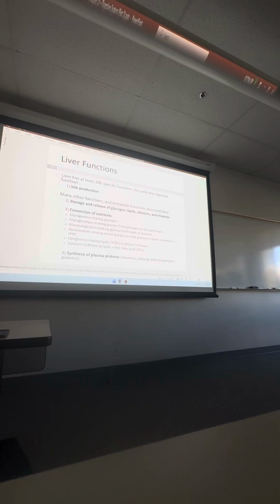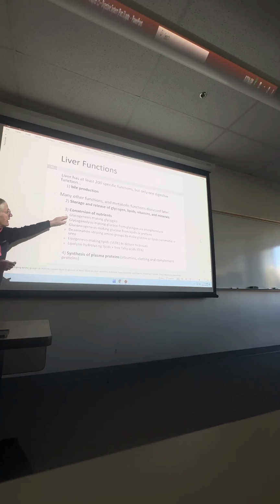And here's some of the things that the liver does for us. We'll talk about that. So we know about the bile production now. And we also know that the liver is capable of storing and releasing glycogen, just talked about that. The liver can make lipids, and it can store vitamins, and it can store minerals, very important for storage.